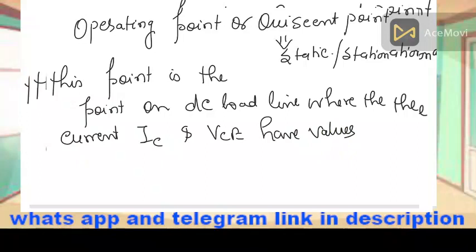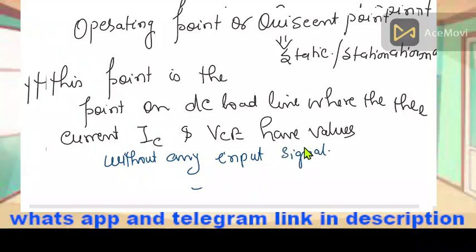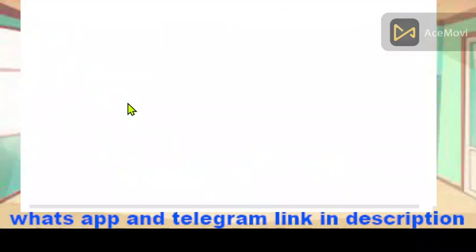Means if you do not have any input signal, then the values of current IC and voltage VCE at that point are the quiescent point values. This is the definition of quiescent point.